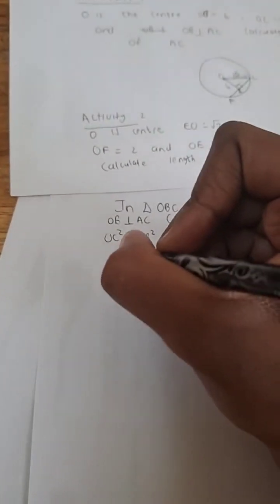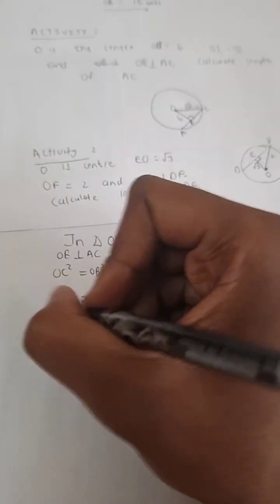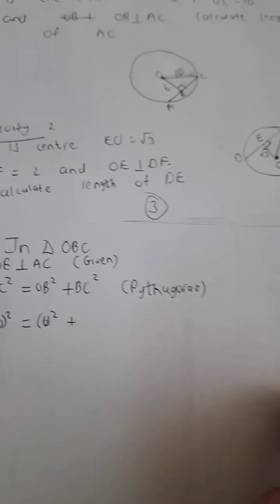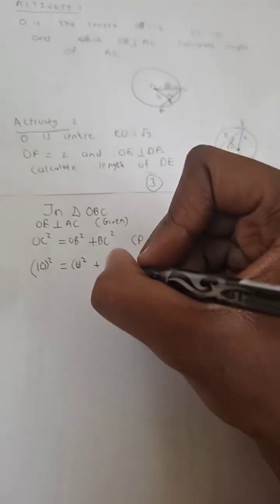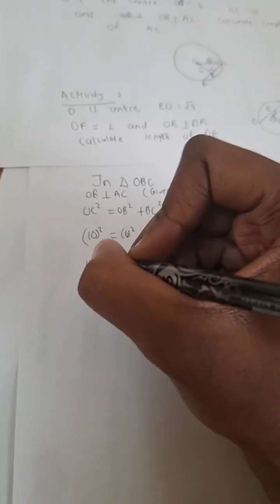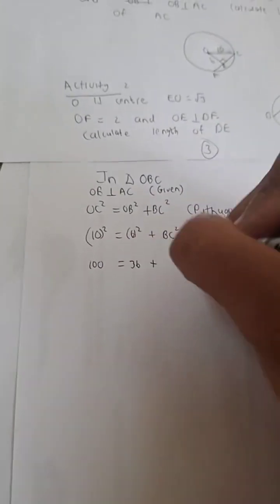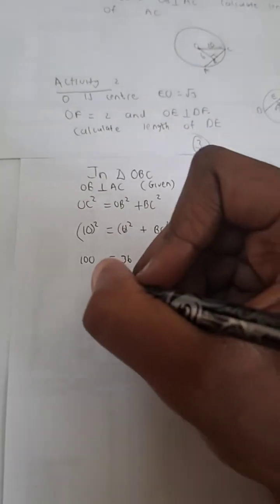OC squared. What's OC? OC is 10. What is OB? OB is 6. What is BC? BC is what I don't know yet, but I'm going to find it out. So I know this is 100, this is 36. We have BC squared.